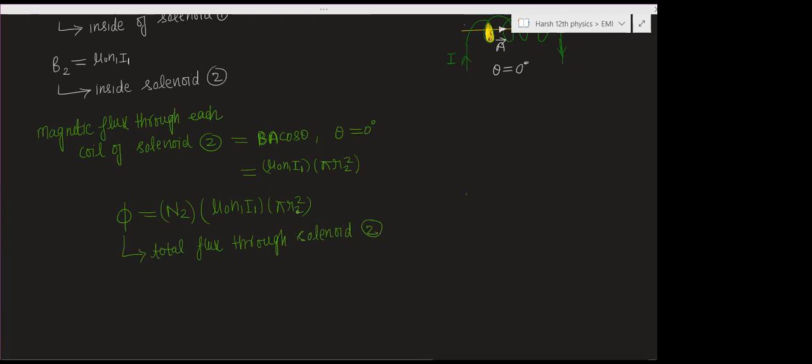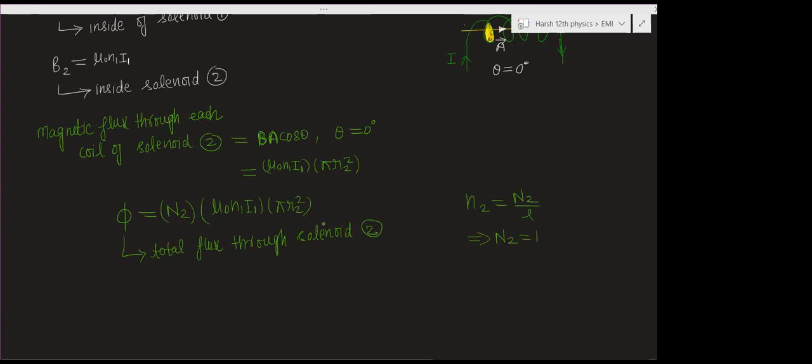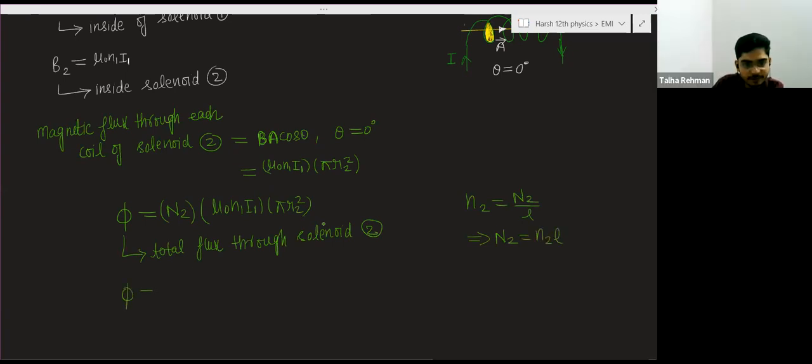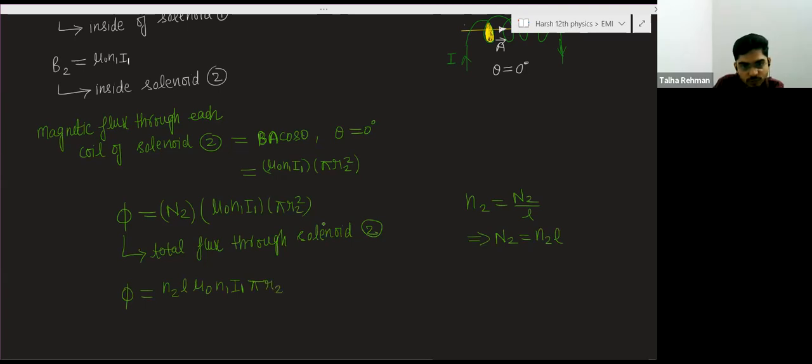We know that small n2 is equal to N2 by L, so from here we can calculate N2, which is n2 into L. We will put this value here, so phi will become n2 L mu naught N1 I1 pi R2 square.